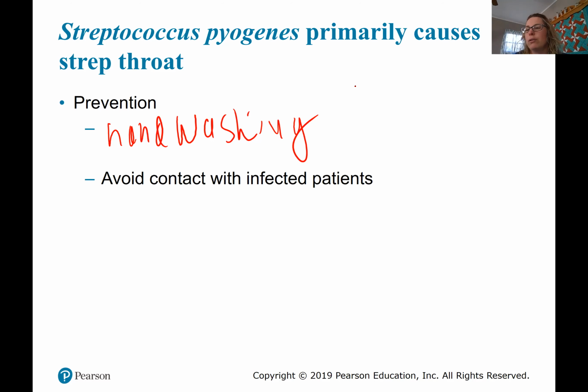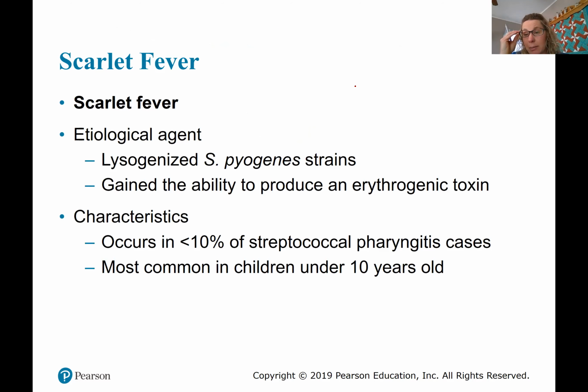So it's important for flu, strep throat, coronavirus, digestive, stomach flu type things later on in the year. Very important to wash your hands and avoid contact with infected patients. If your kid has strep throat, don't be sharing a cup with them, or let them cough on you and things like that. So here are the complications.